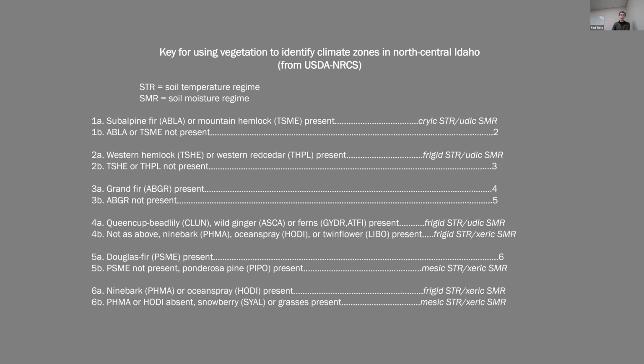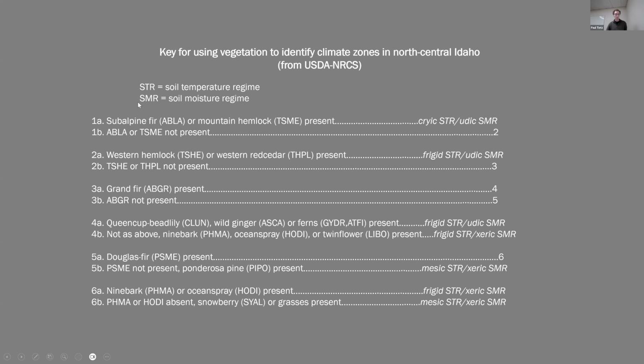If you can identify a subalpine fir and a mountain hemlock, then you know, based on the conditions it takes to grow these trees, or their climate suitability, they're usually at high elevation where it's usually cold. That's evidence of a cryic temperature regime, and the udic moisture regime if you have subalpine fir.